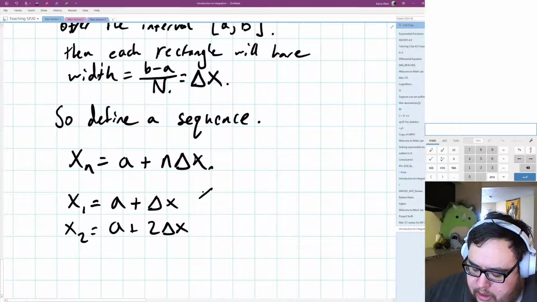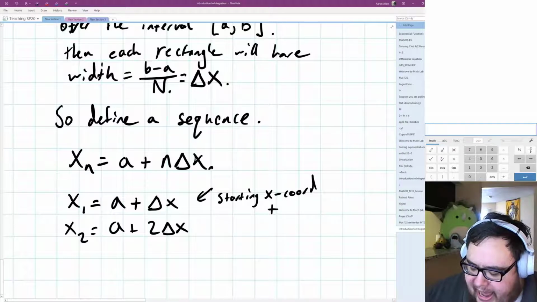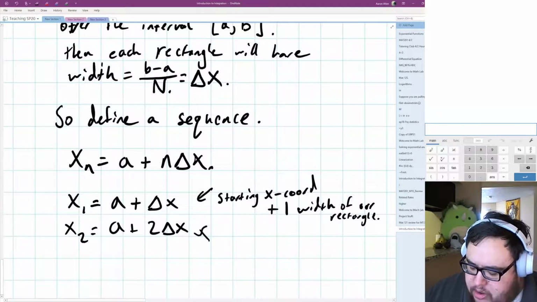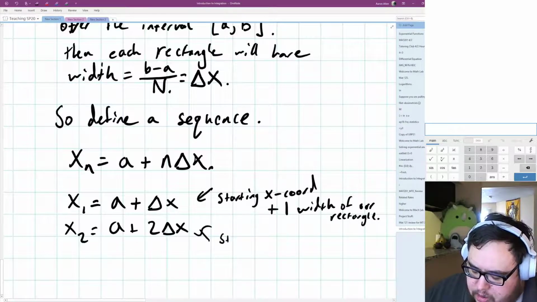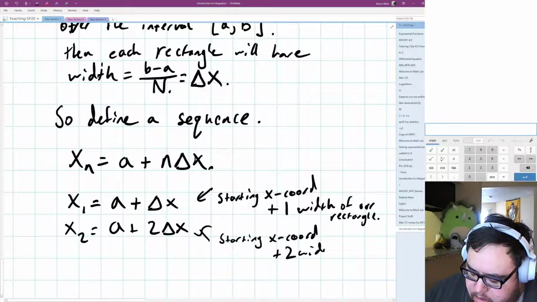In other words, the first term of our sequence is going to be the starting x coordinate, and then we're going to add 1 width of our rectangle. Our second term in the sequence will be our starting x coordinate plus 2 widths of rectangles.